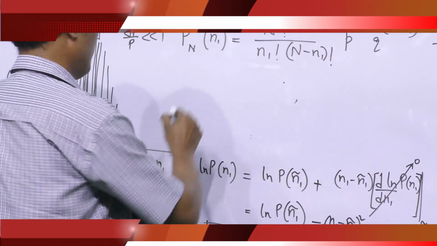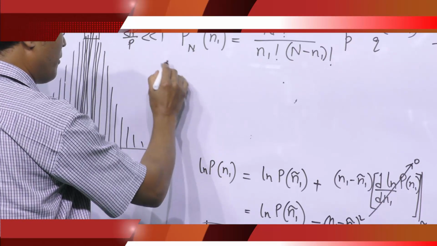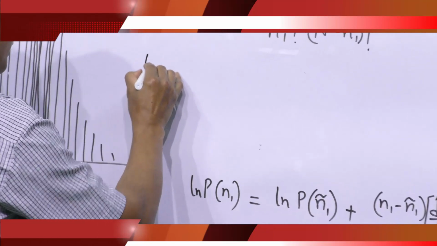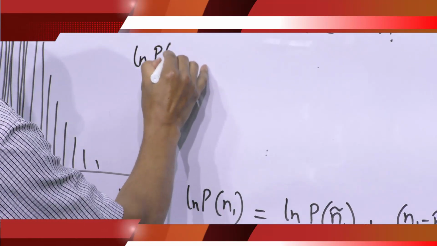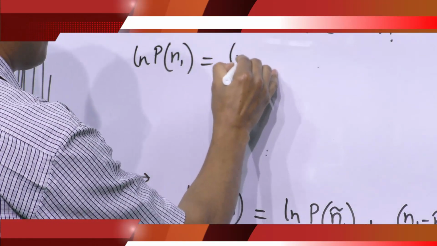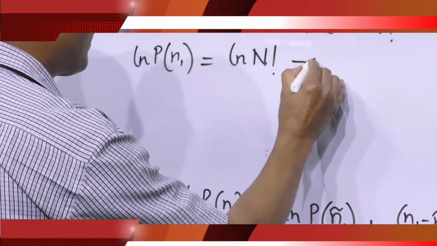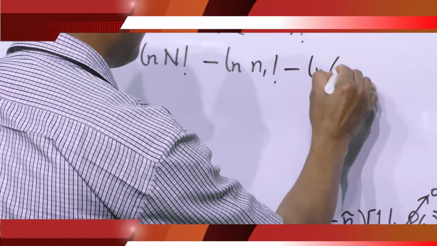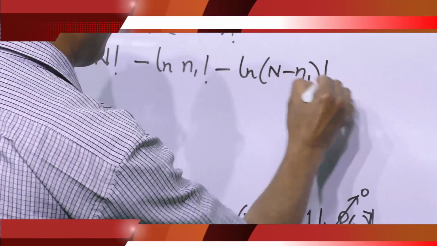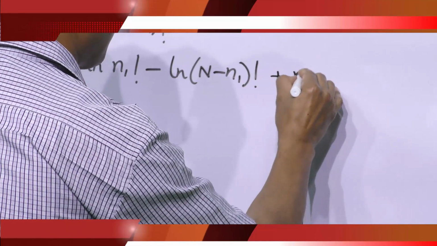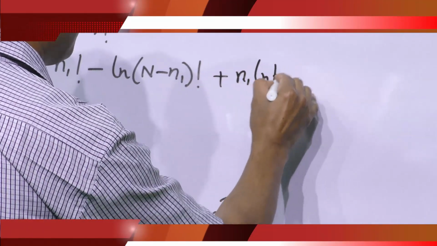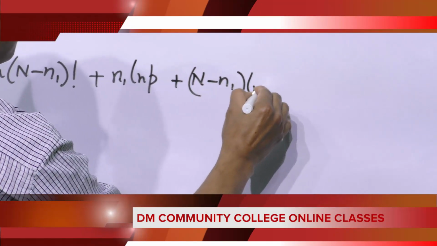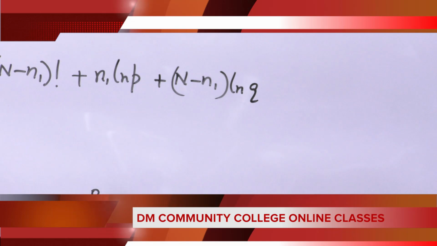So first, let us find out what is this log of P. This log of P(n1) is equal to log of capital N factorial minus log of n1 factorial minus log of (capital N minus n1) factorial plus n1 log of p plus (capital N minus n1) log of q.